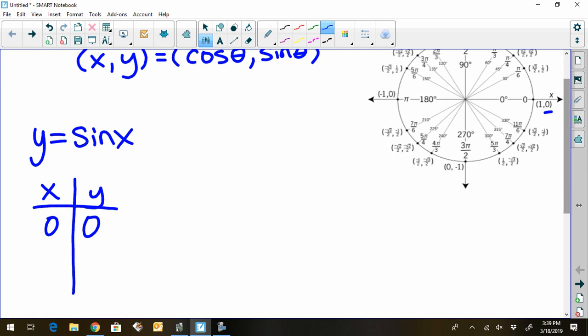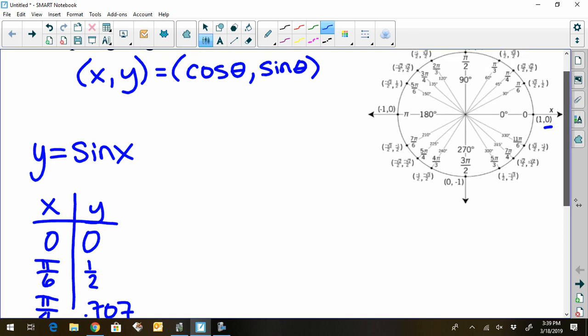So sine of pi over 6 was 1/2. Pi over 4, I'm going to get my decimal form of this. So we get square root of 2 divided by 2, which is 0.707.